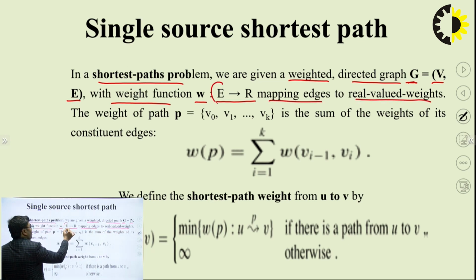Every edge is mapped with some real value, like 2, 3, 4, 5, 6 and so on.